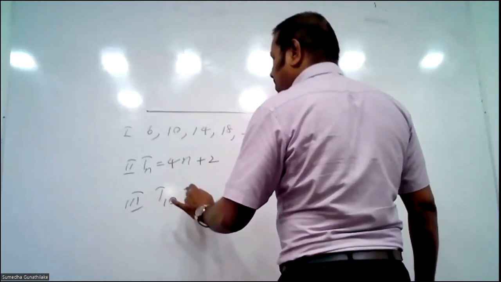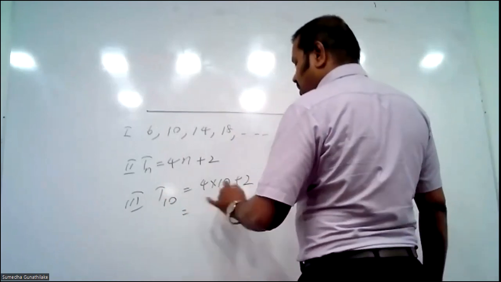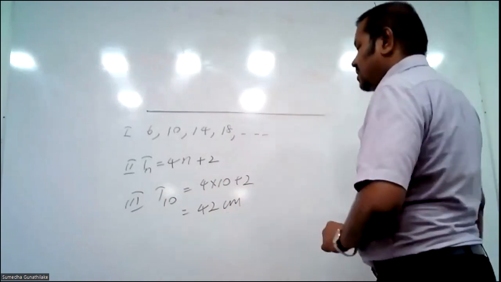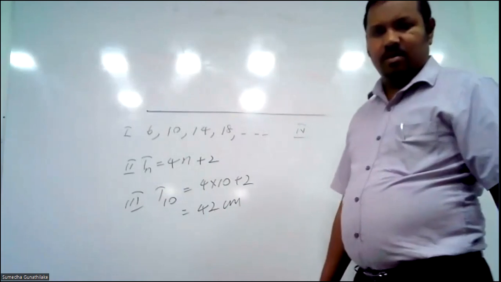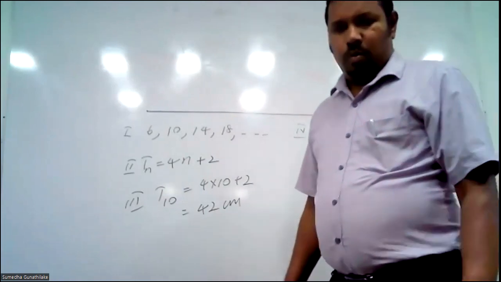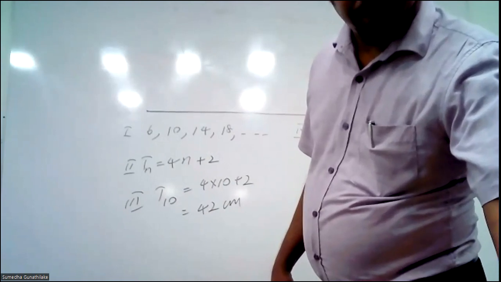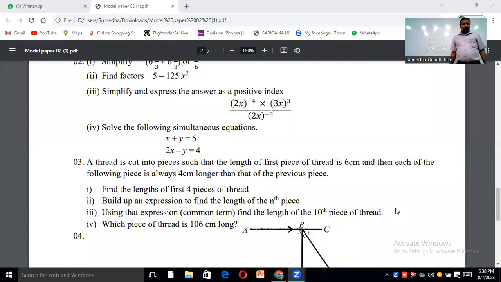That is T10, no? 4 times 10 plus 2. 40 plus 2, 42. Length of the 10th piece, 42 centimeters. Right?